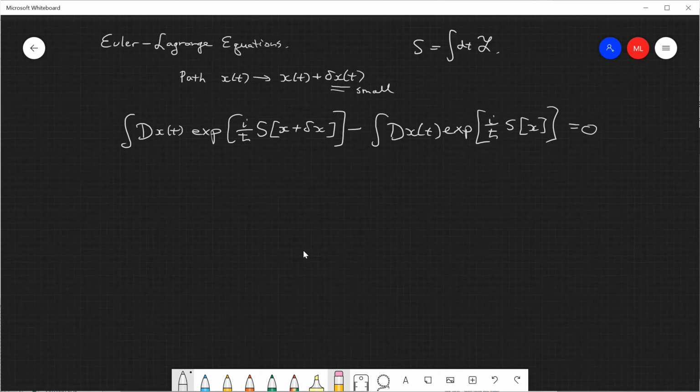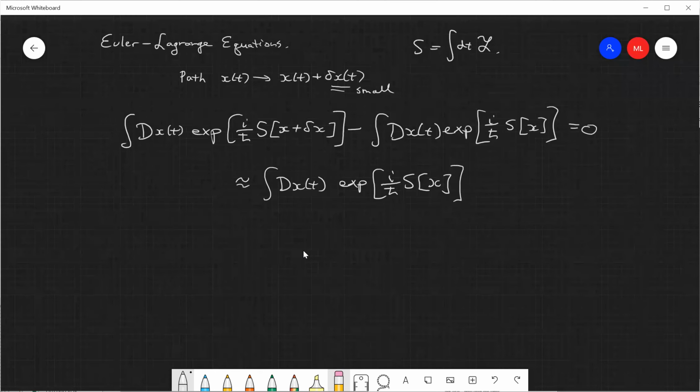And if we start doing a Taylor series, then if we look at the first term in the Taylor series, this will be the integral Dx of t of, again, exponential i over h bar S evaluated at just x, and then the linear variation, and then you'd have the derivative of what's in here, which we're going to write as i over h bar delta S, where this is the leading order term if you Taylor series expand in delta x, right?